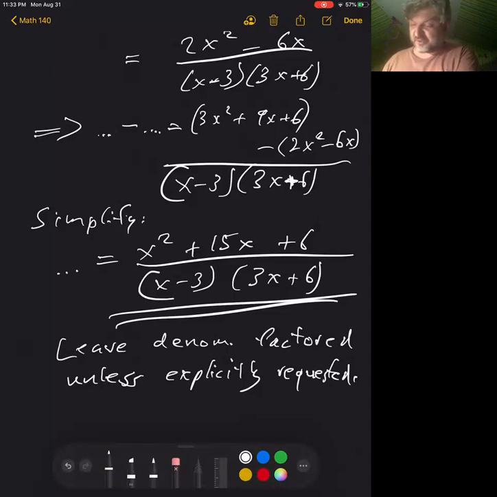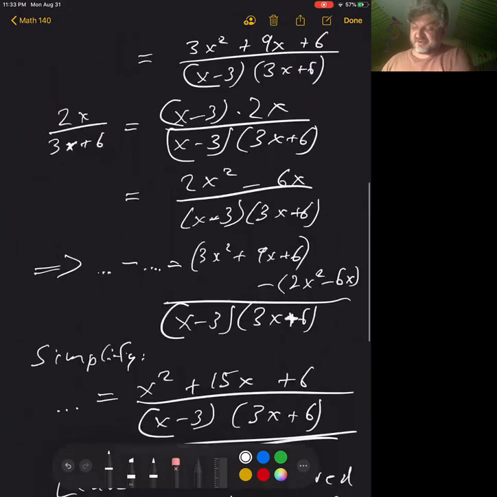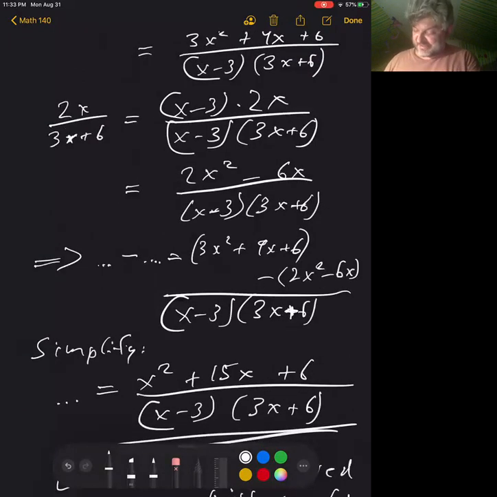often overlook, and that is when you're doing the subtraction, at this moment, you need to place a parenthesis around the second numerator. Think mental parentheses.